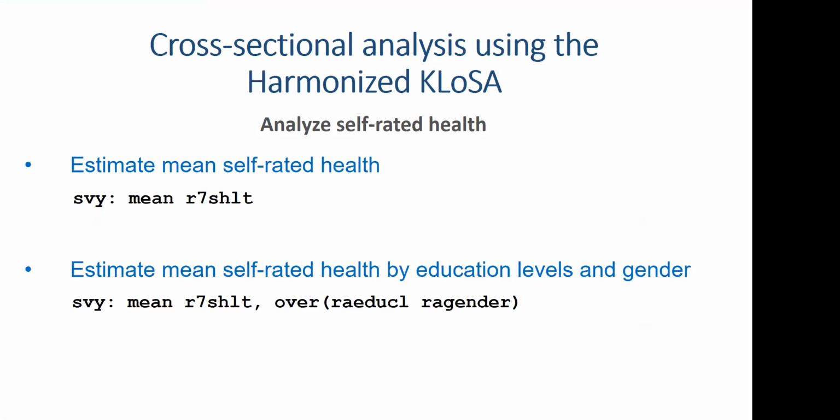Then we can put over RAEDUCL, RAGENDER after the mean statement. By including two variables in the over statement, we are essentially performing a cross tabulation where we can see the mean of self-rated health over every combination of education and gender groups in a single statement. So let's see what this looks like.